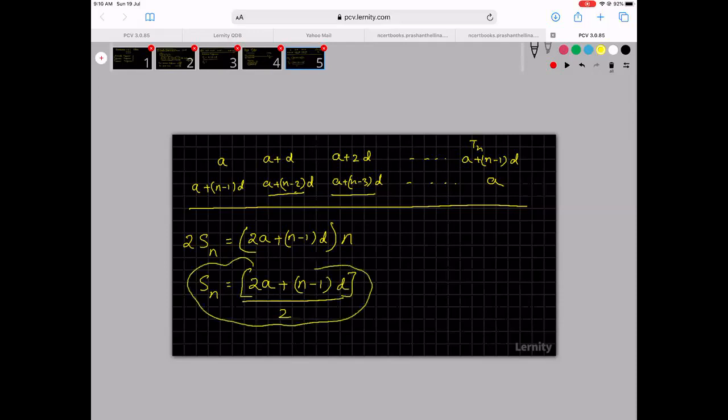So this is the sum of n terms of an arithmetic progression.